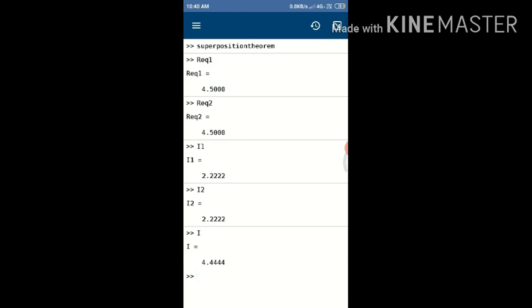Finally we get the superposition theorem on MATLAB.